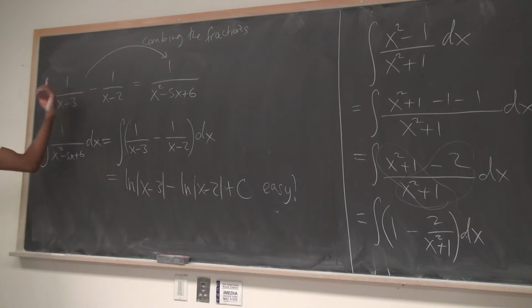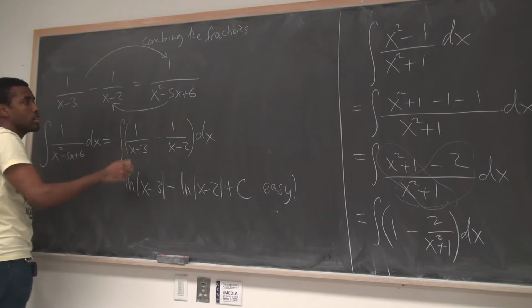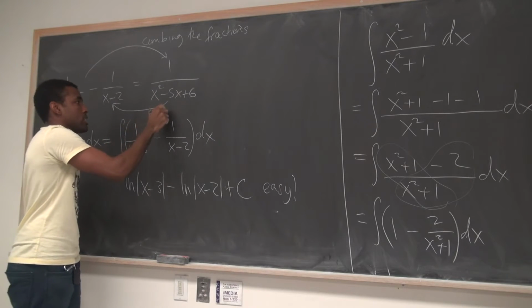Right? You can actually add these two fractions, and then you combine them, you'll get that fraction. But going the other way, if you started here and you come to here, that is called a partial fraction decomposition.